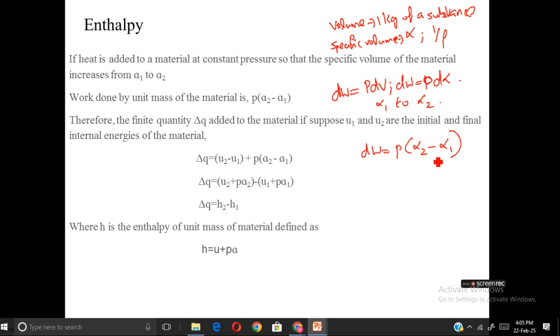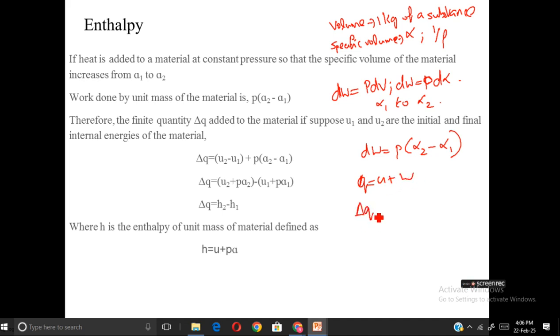Therefore, for the finite quantity delta Q added to the material, if U1 and U2 are the initial and final internal energies of the material, then delta Q, we know, is U plus W, right?